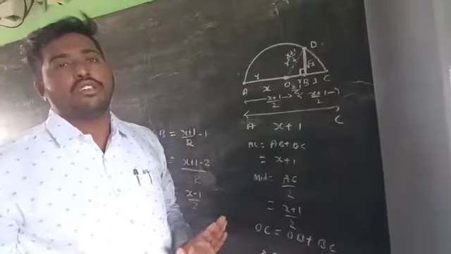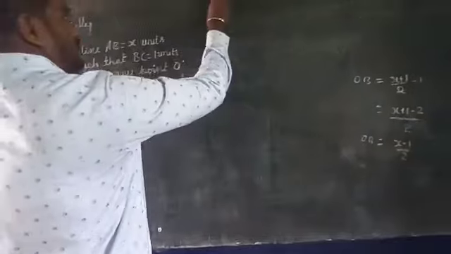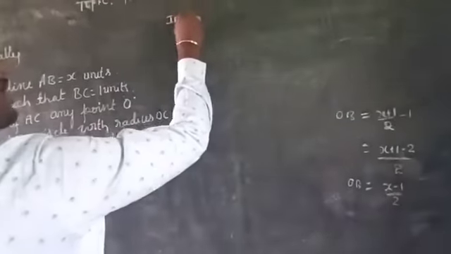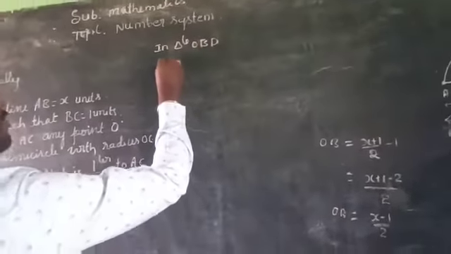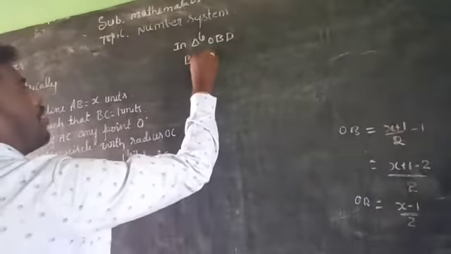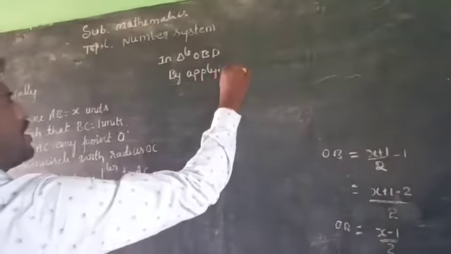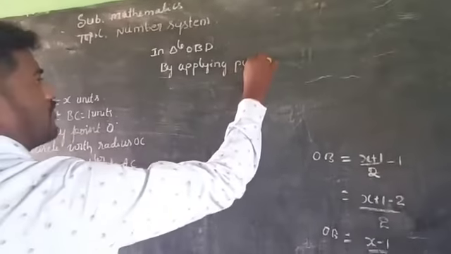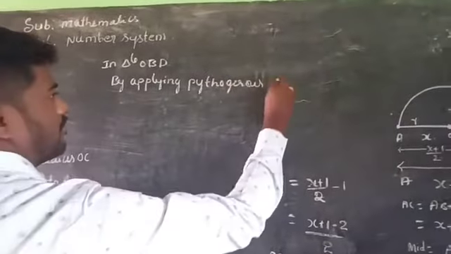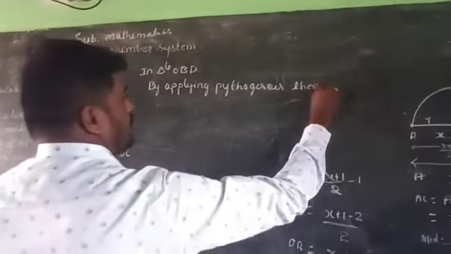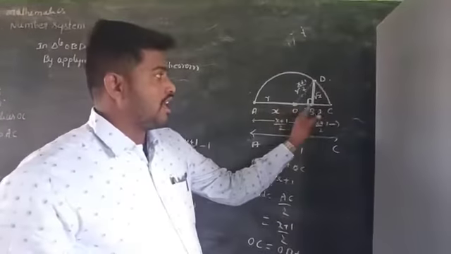What is the statement of the Pythagoras theorem? In a right angle triangle.